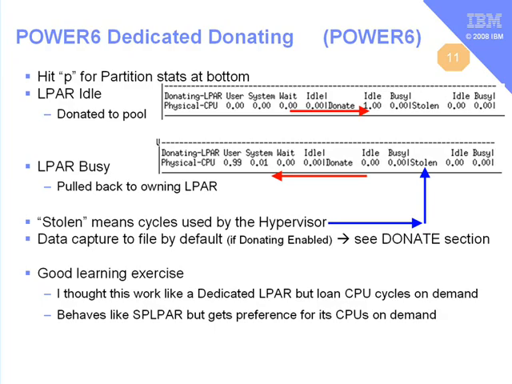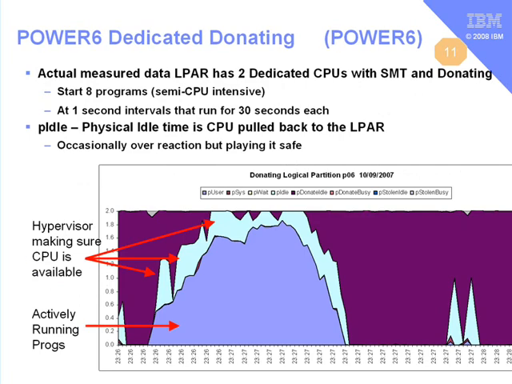Now we actually captured this data and ran through a peak in the workload to monitor this bringing back of the CPU power into the dedicated donating logical partition. And we can see here that as we go through our peak that we generated via our fake workloads, the hypervisor is proactively bringing back more CPU time than you actually need to run our logical partition, and releasing the CPUs slowly as we get over this peak.